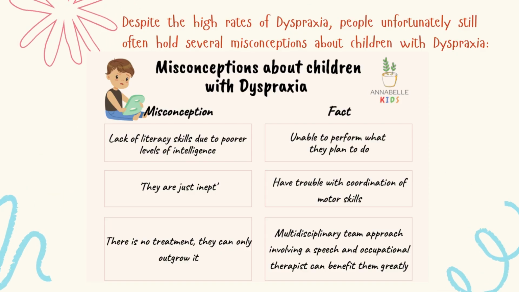Due to this problem or this disorder, they face a lot of stigma from the surrounding, from people who see a person who has DCD or dyspraxia. Despite the high risk of dyspraxia, people unfortunately still often hold several misconceptions about children with dyspraxia or DCD.